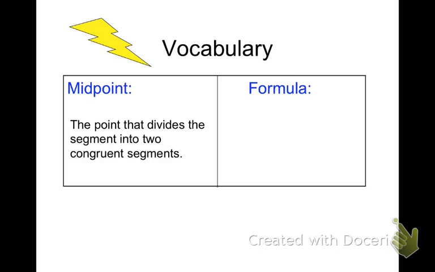What's the length of that segment? 6. Where would be the middle? 3. How did you get that? Because 3's in the middle. Explain it in better math terms. I'm just saying it is in the middle. Scott? Half of 6. Very good. Half of 6 units is 3.